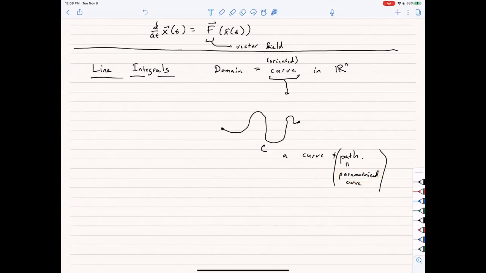A path says, I've got a function from an interval to this space that tells me at a particular time where I am along this curve. A path is a function, and the image of the path is a curve.